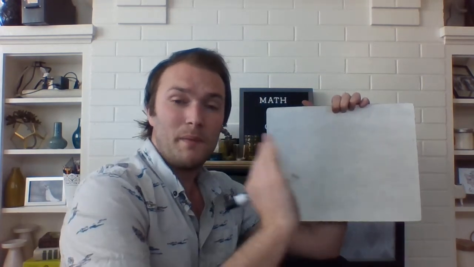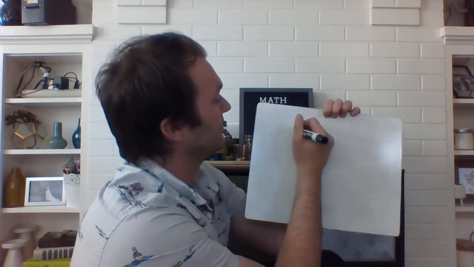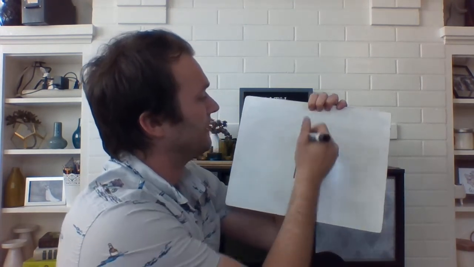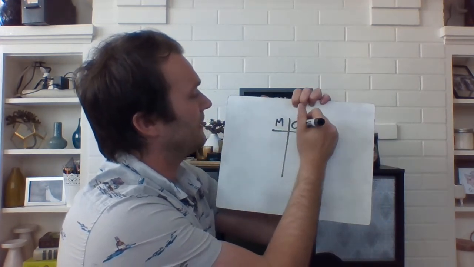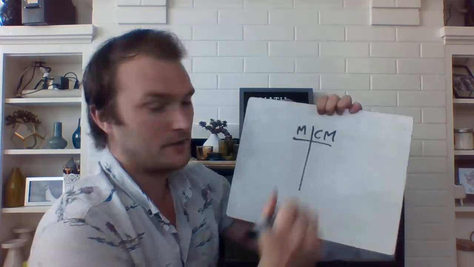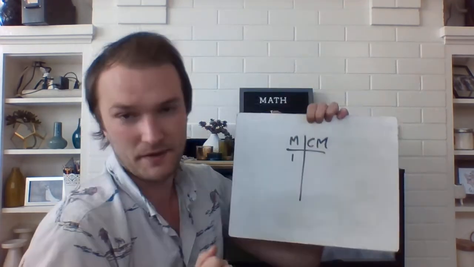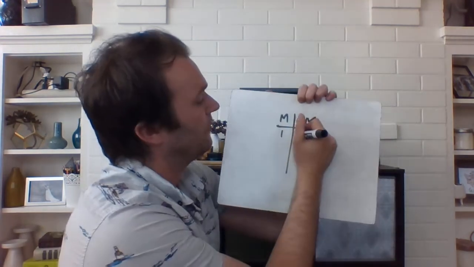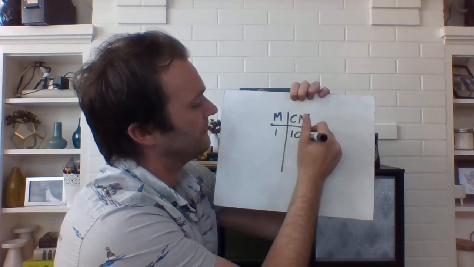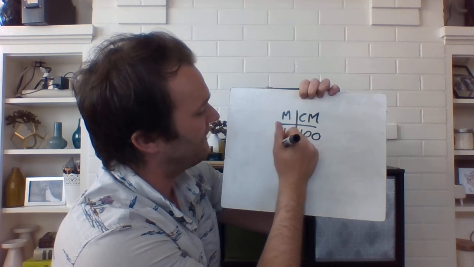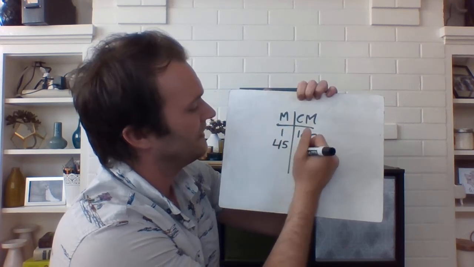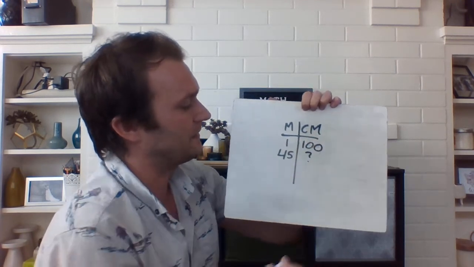So I'm looking at my table and I know, okay, it's 1 meter to every 100 centimeters. So set up our ratio table. We got meters on this side, centimeters on this side. So if I have 1 meter, and that equals 100 centimeters, and some of you are already seeing where I'm going with this. If I've got 45 meters, how many centimeters am I going to have?